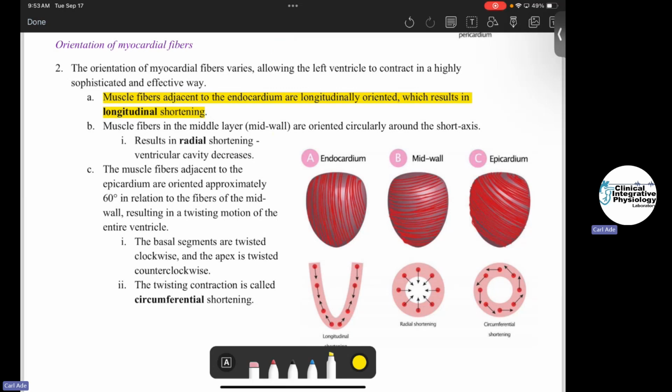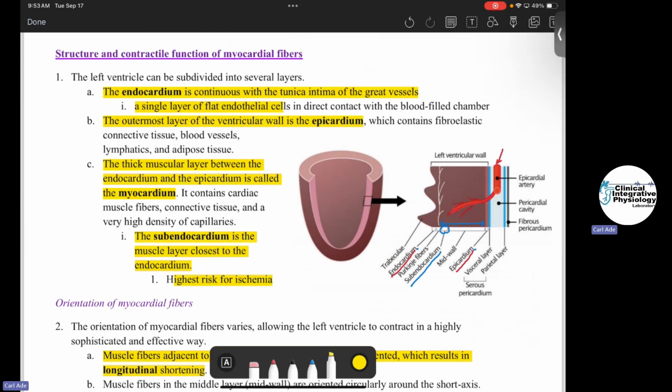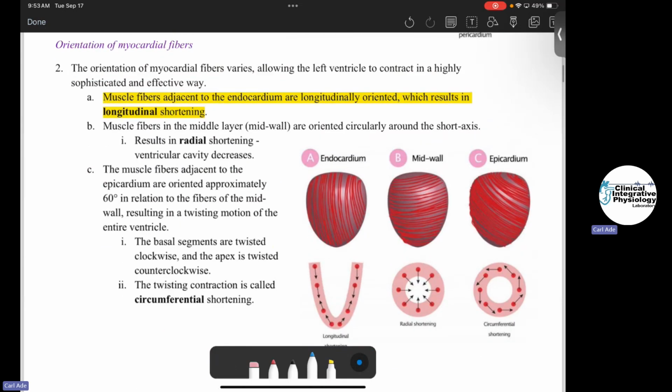So the muscle fibers that are next to the endocardium, so they're really close to the inside of the chamber, are going to be in this region up in here. So kind of partitions that subendocardium. These are oriented up and down, longitudinally. If we look at point A on my figure here, we can see the sarcomeres are going from the apex to the base, up and down.